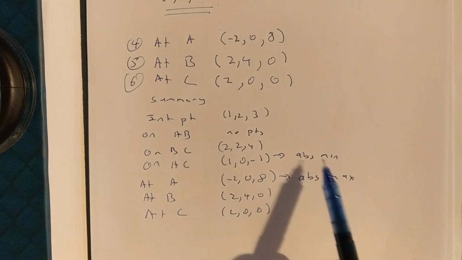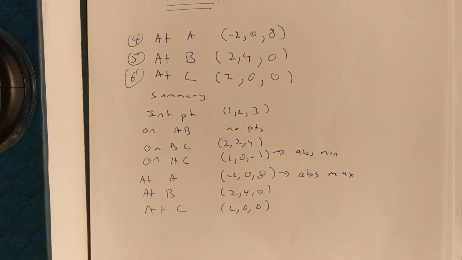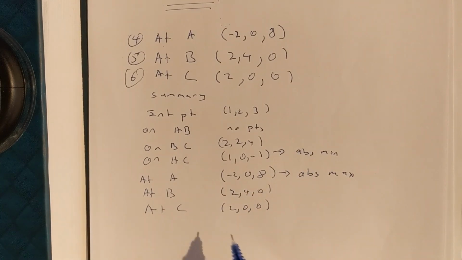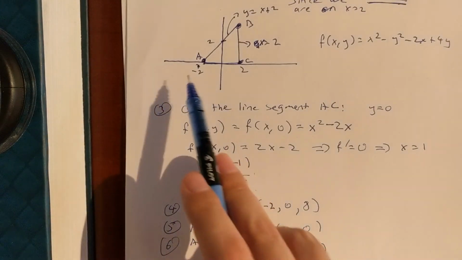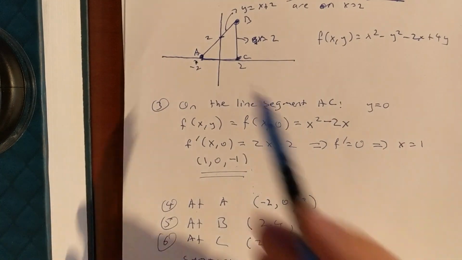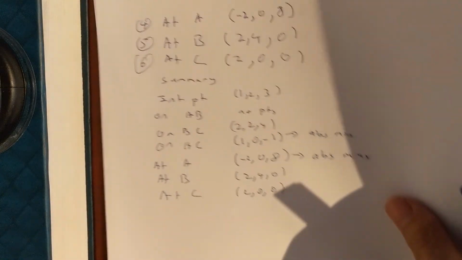Take the derivatives, set them equal to 0, and find where the critical points are. Then you have to check the points on the boundary itself. Okay, so we have three corners. You have to check the 3 corners. Okay, so that's about it.